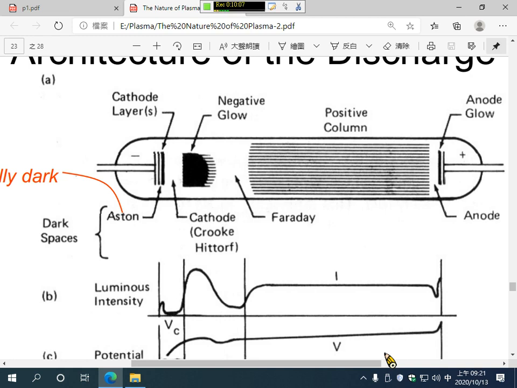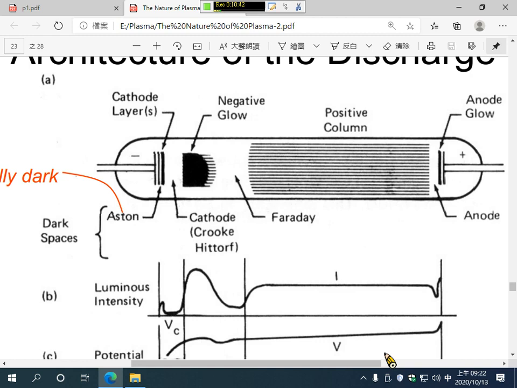Once the plasma is generated, there are many kinds of species, including radicals. If an electron collides with a neutral atom, it might also undergo an excitation process. The excitation process will bring the atom from the ground state to an excited state.